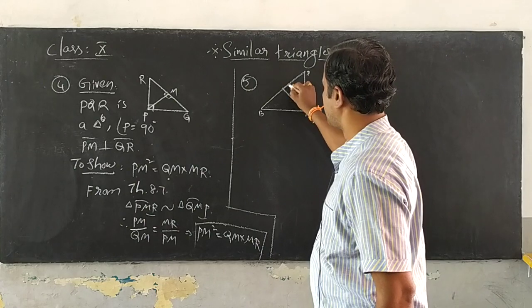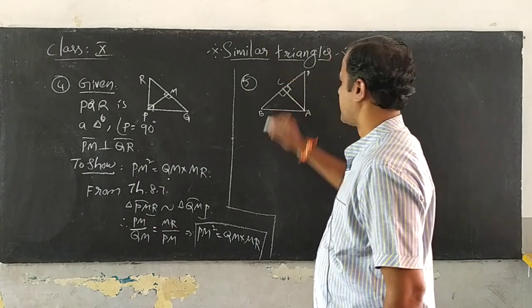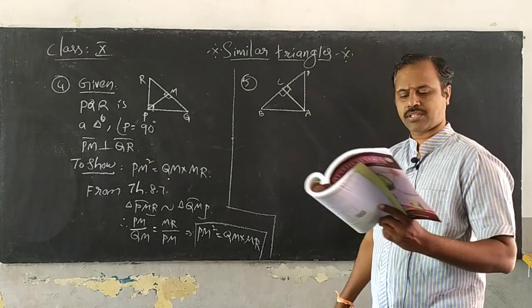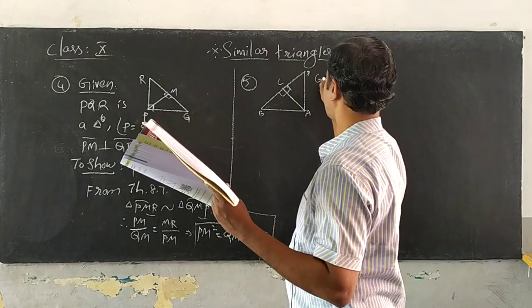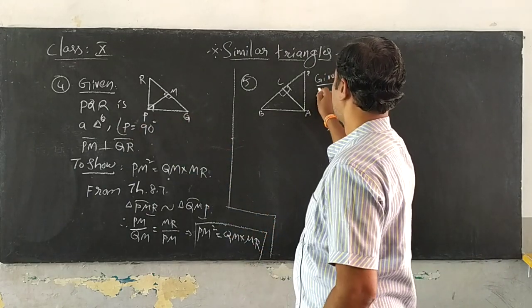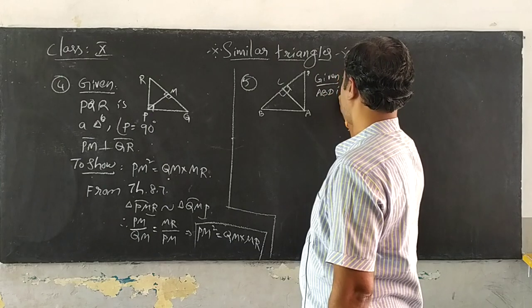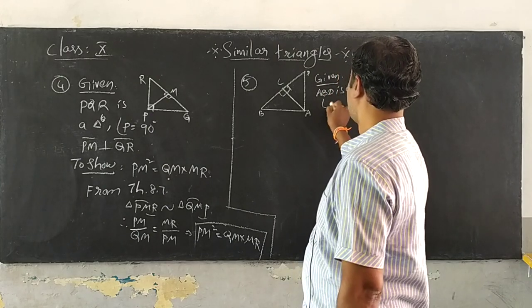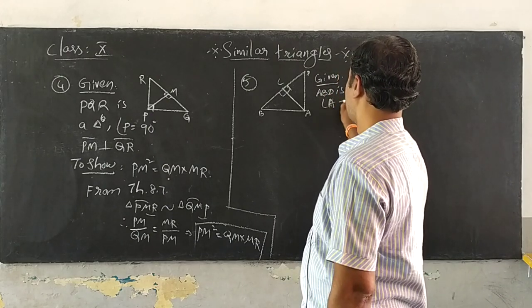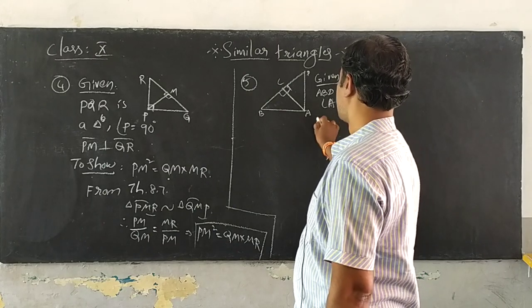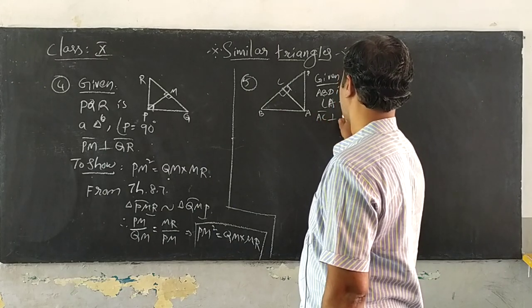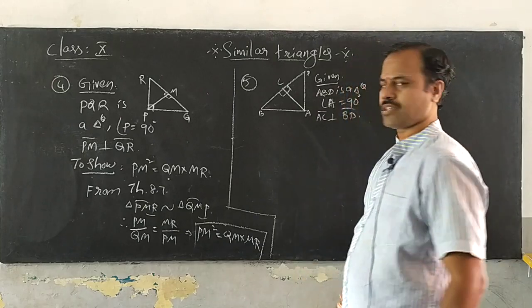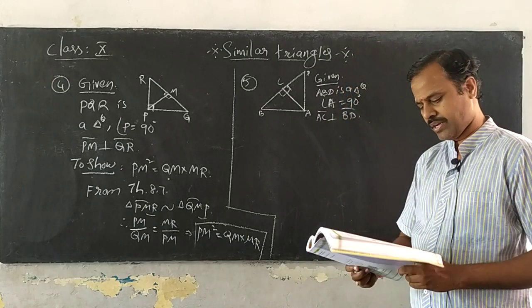AC is the perpendicular drawn here. So, we write given: ABD is a triangle, angle A is equal to 90 degrees, AC line segment perpendicular to BD line segment.